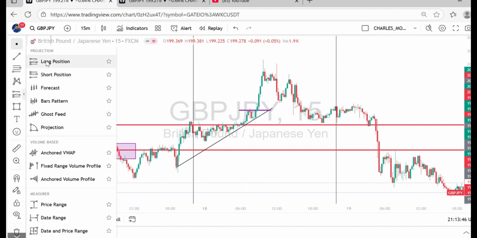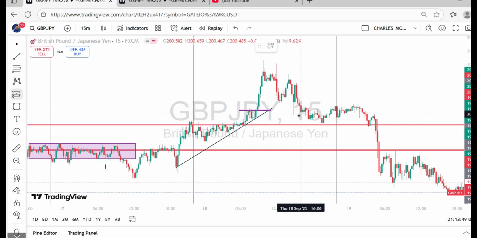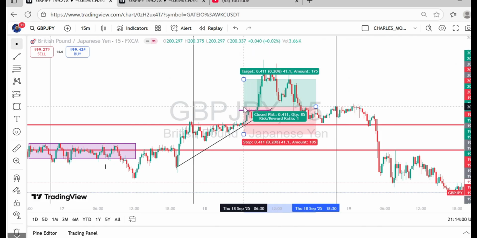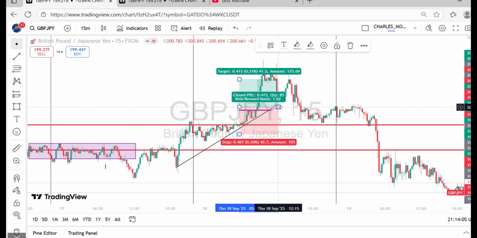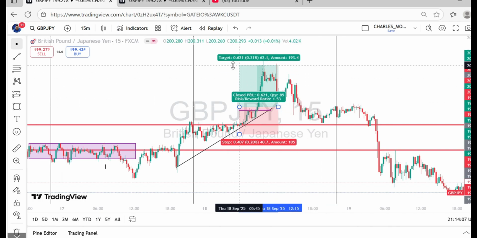Let me take this. Immediately at the breakout of this candle, obviously my entry will have been at this spot. Very simple. I've not seen any forex strategy that is simpler than this, man. You see, take your 20 pips at this spot, 20 or 25.